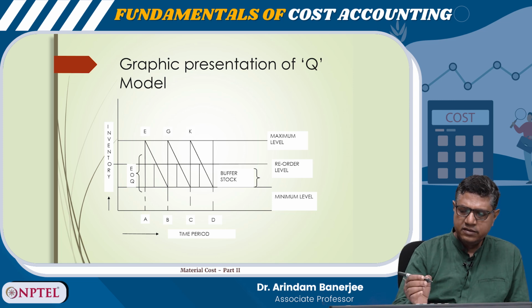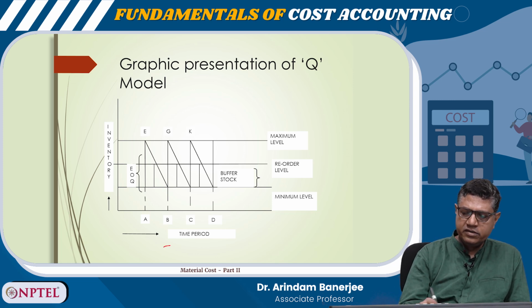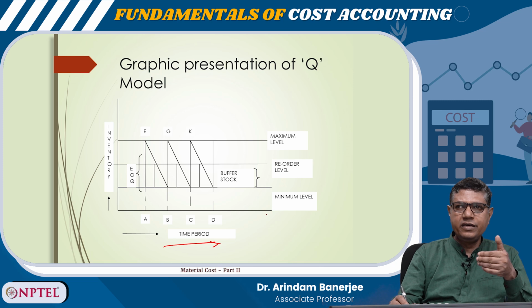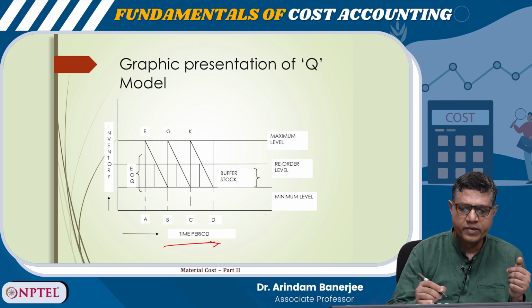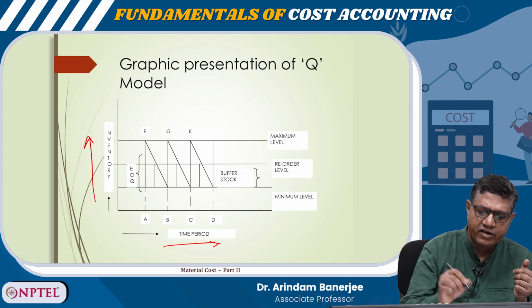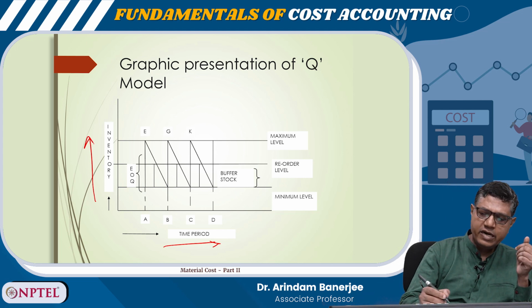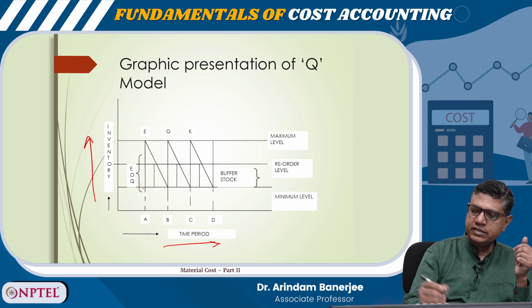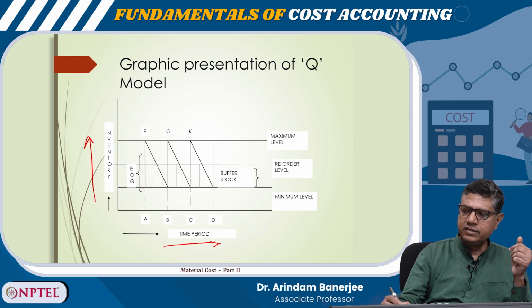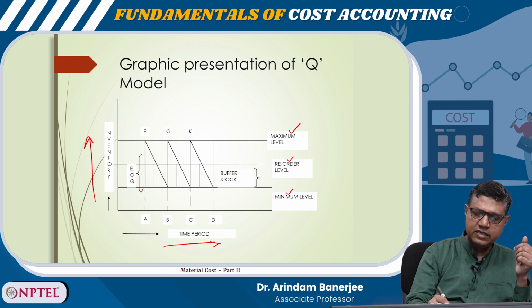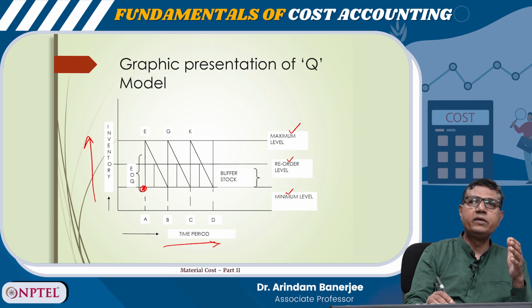See, this is the time period, and the company is ordering at different time periods, and this is the inventory level, right. So, you see what happens, once it reaches here, this is the minimum level, reorder level and maximum level, right. So, once it reaches the minimum level here, the company places the order, right.